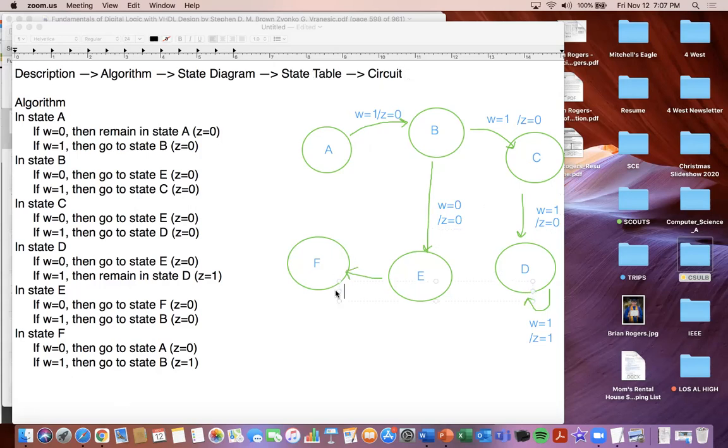W is equal to 0. So Z is going to be equal to 0. And then, so 1, 0, 0. And then we have 1 at the end. And so that would mean here, then if we have 1, it's going to be W is equal to 1. And then Z would be equal to 1.